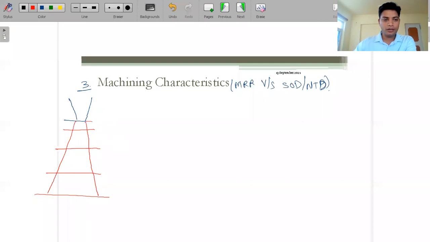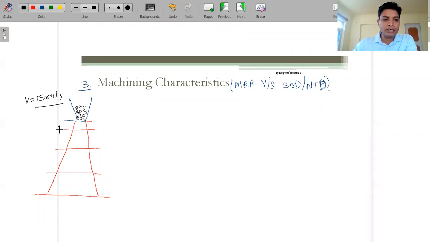We are just considering this example that these are the abrasive particles coming at a very high velocity. Let's take an example of a velocity of 150 meters per second. So they are basically impinging over the workpiece surface.